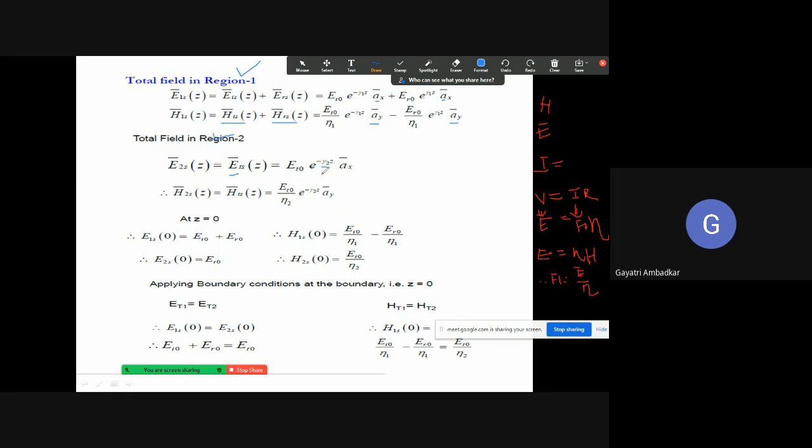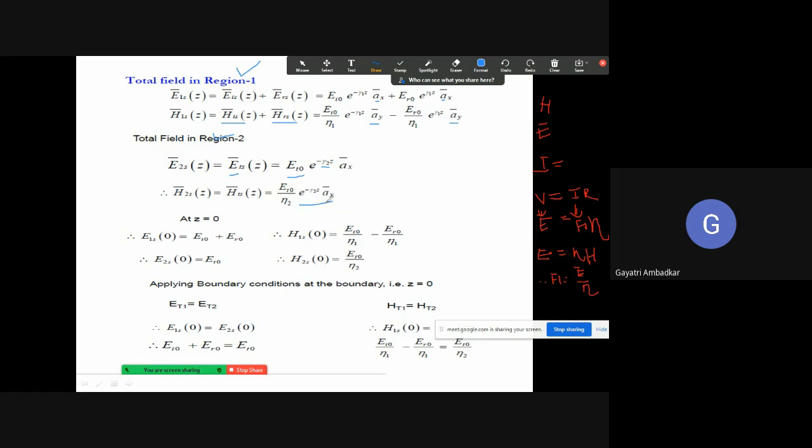Remember, this is the maximum amplitude in the AX direction. Similarly, you can write H in terms of E. So the transmitted component of H will be equal to ET0 upon eta 2 into e raised to minus gamma 2Z in the AY direction.